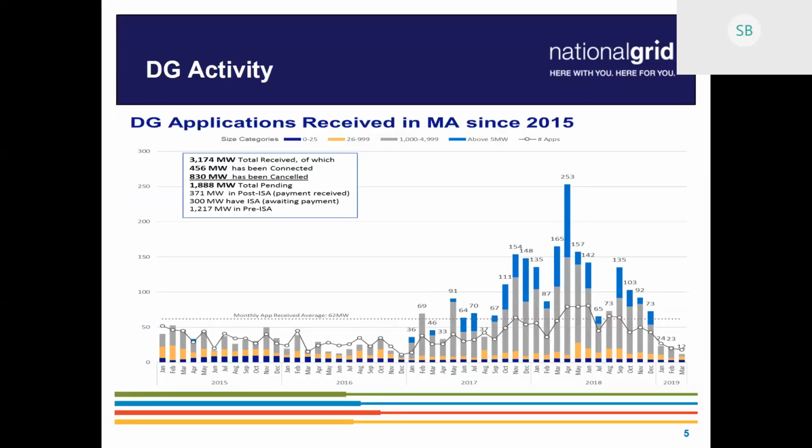You can see this chart goes back to 2015. And you can see the dramatic jump that started to occur, again, both in quantities of applications and size. That blue bar is projects over 5 megawatts. The numbers at the top represent the megawatts received in a particular month.